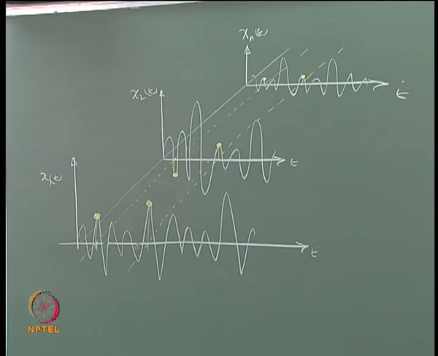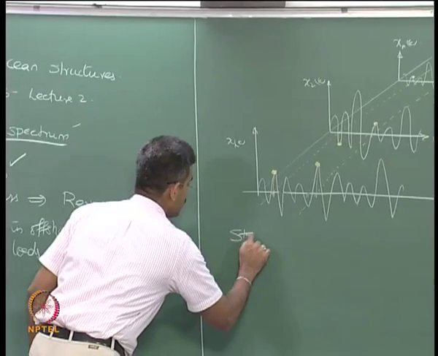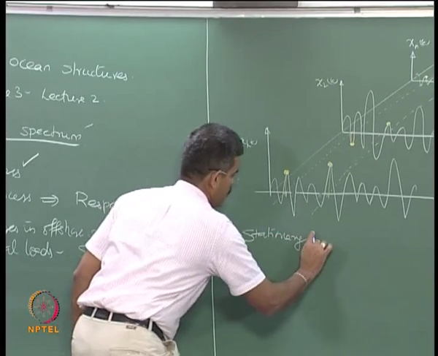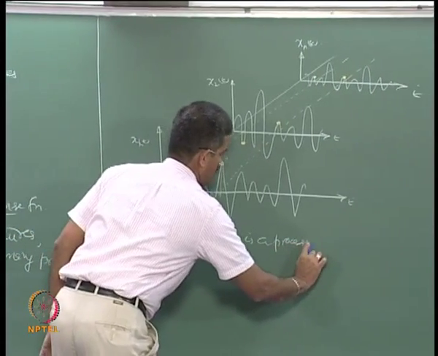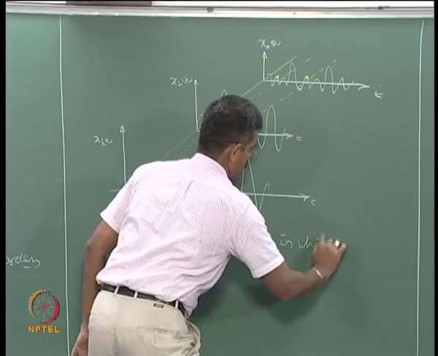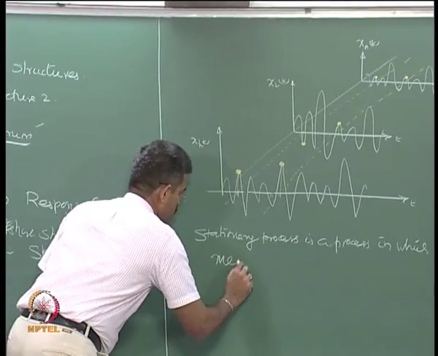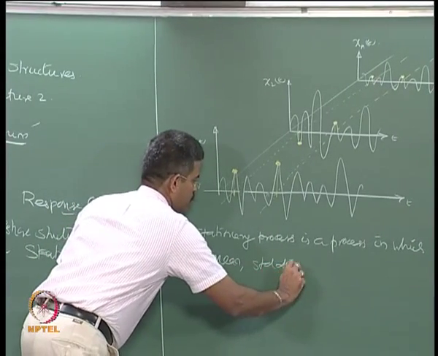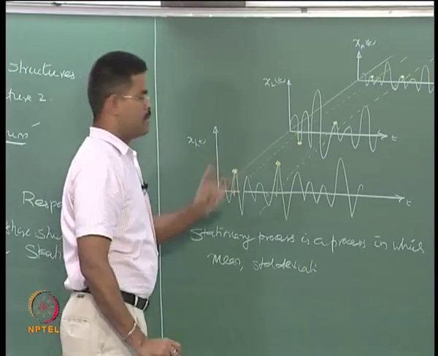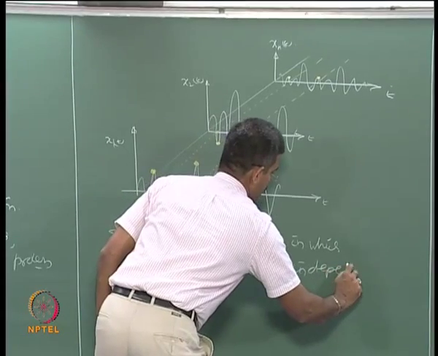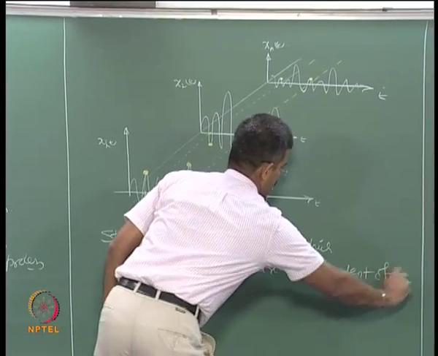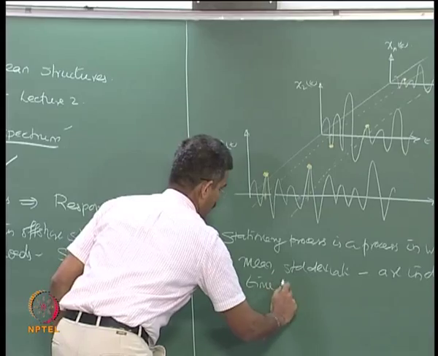So look at these values, which are x1 of t, x2 of t and xn of t. A stationary process is that process where the mean and standard deviation of these variables are independent of time and position.